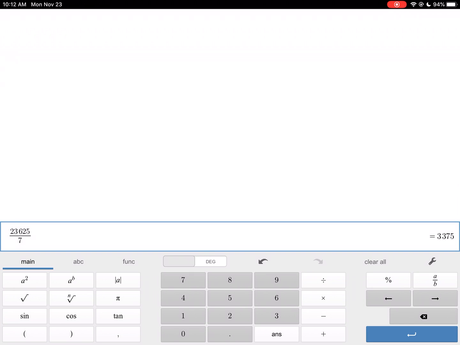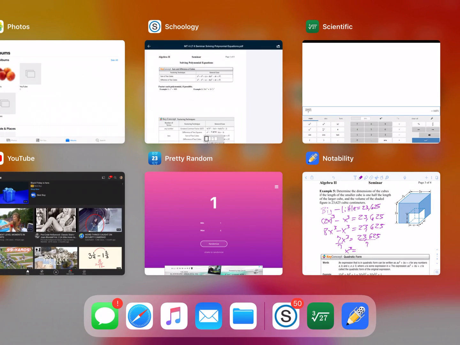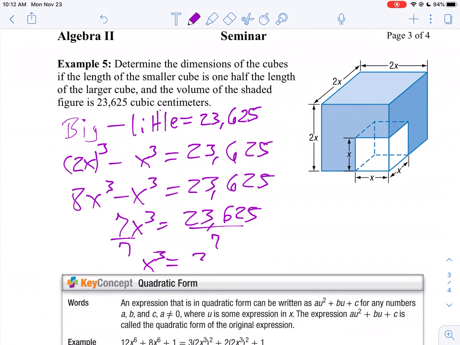And we get 3,375. Then I cube root my answer. So I'm going to take the cube root of 3,375 to find x.